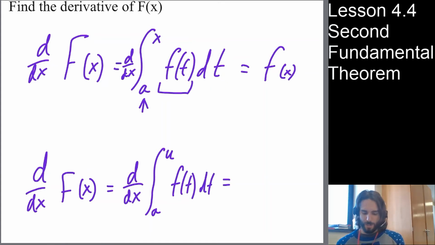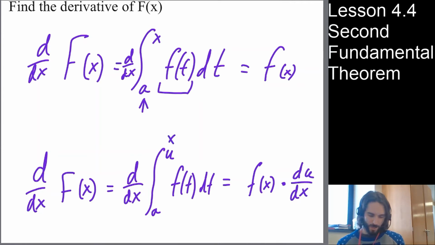What we get out is little f of u again, times the derivative of u. So again, if u was x squared, this would be 2x. We'll do some examples to see where that comes from, but that's generally what you need to know: if the upper bound is a function of x, you need to take the derivative of that. And it's the same thing here, it's just that that derivative is 1, so that's why we don't do anything with it there. Okay.